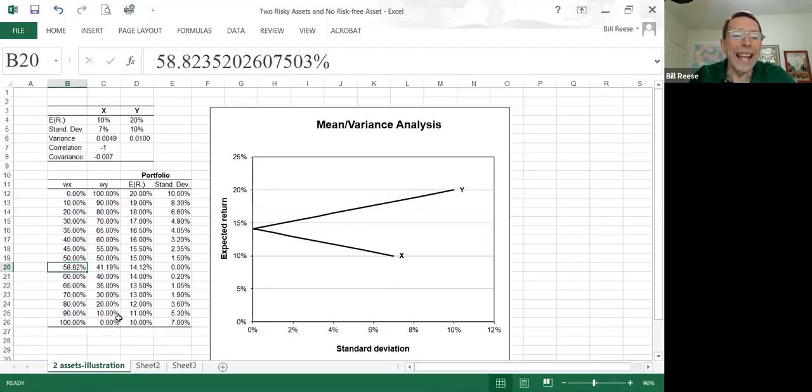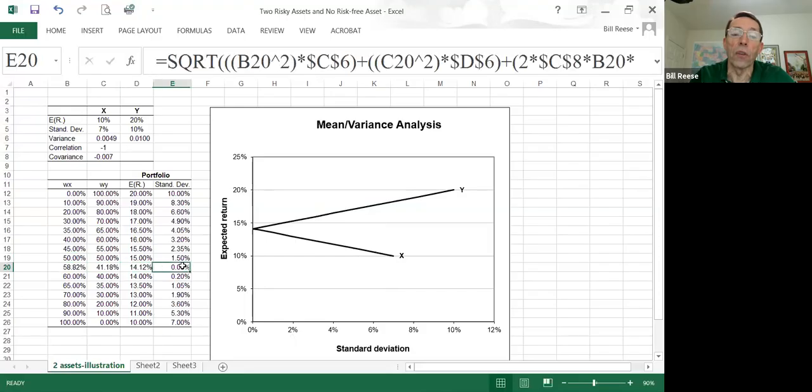When you have 58.82% of your money in X, 41.18% of your money in Y, you have an expected return of 14.12% and a standard deviation of 0. Very significant.